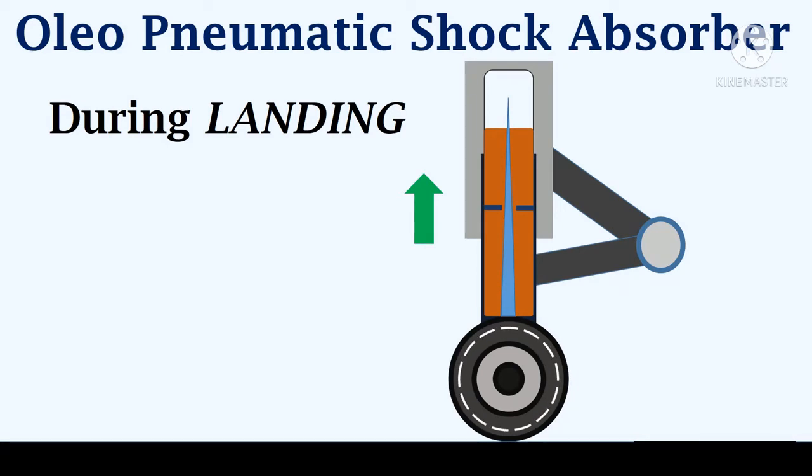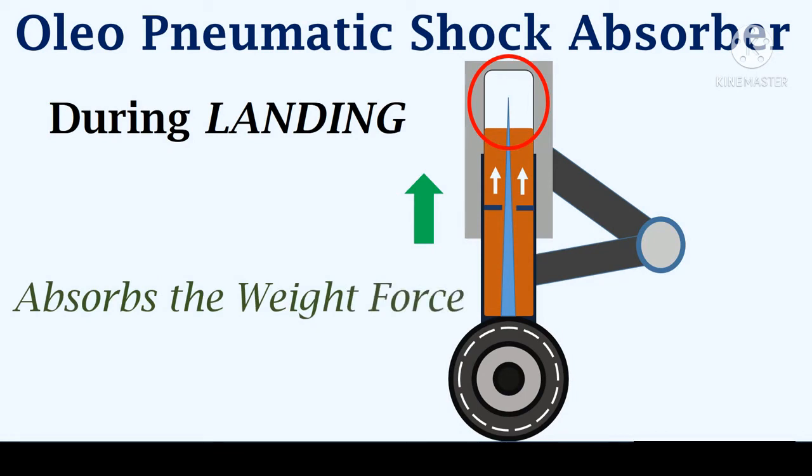At the same time, the hydraulic fluid from the inner cylinder moves into the outer cylinder through the orifice. The air inside the outer cylinder gets compressed. The movement of hydraulic fluid through the orifice and the compression of air inside the outer cylinder tends to absorb the weight force of the aircraft.